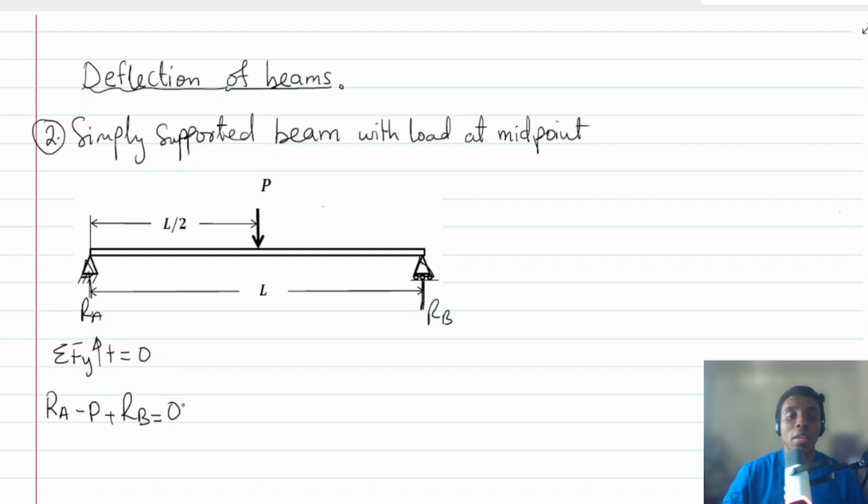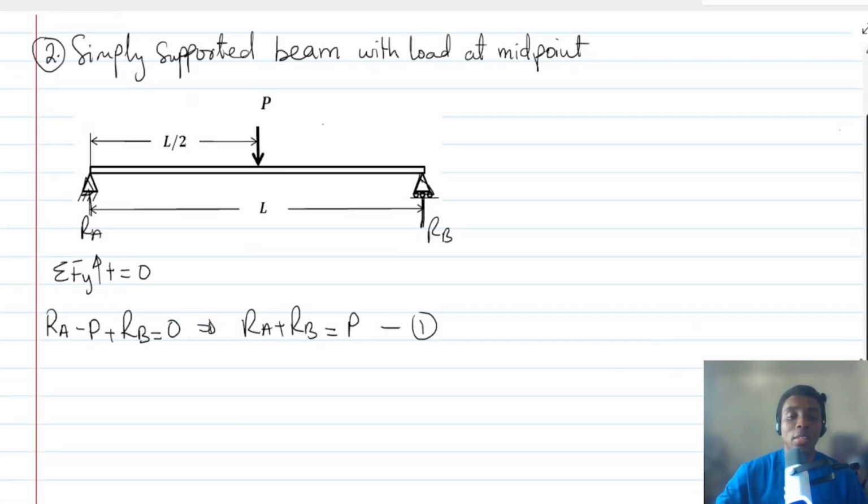Okay, in other words, we can say that RA plus RB should be equal to P. All right, okay, so let's call this equation 1.